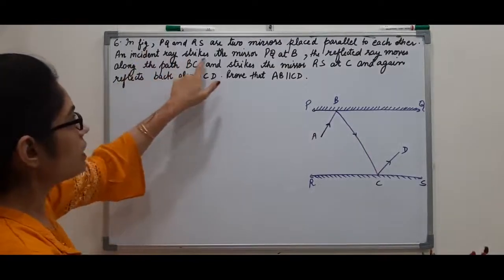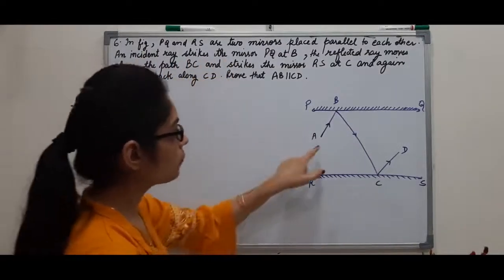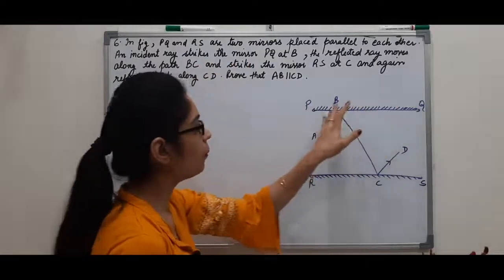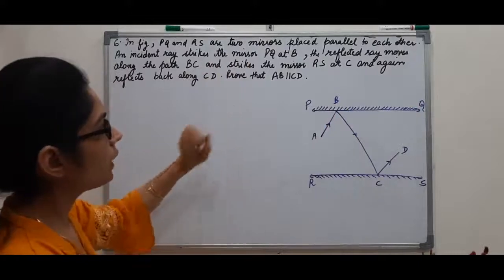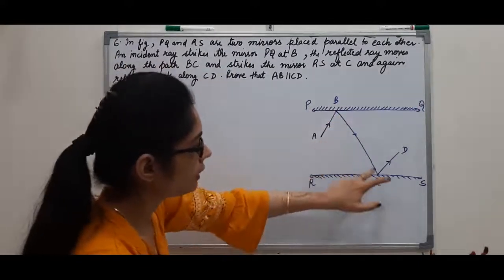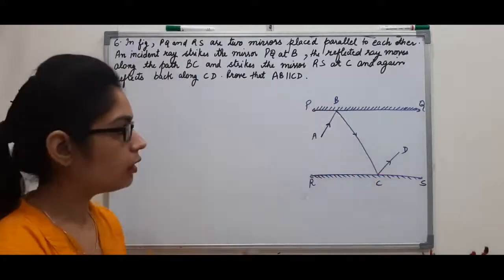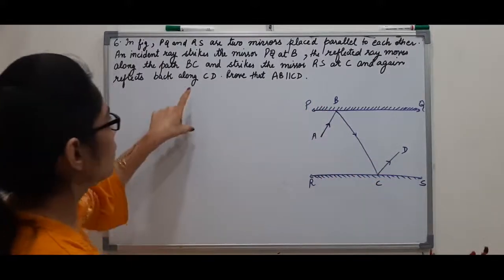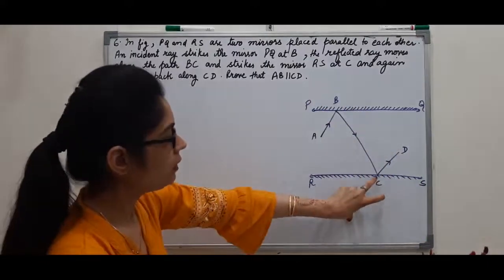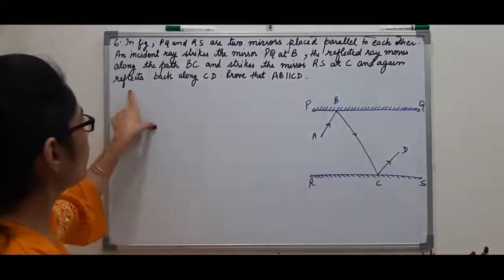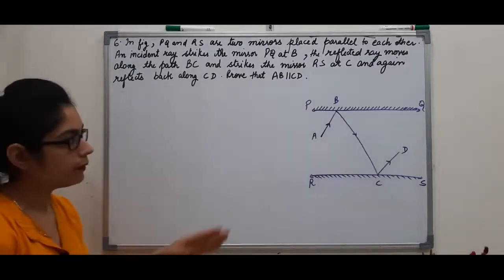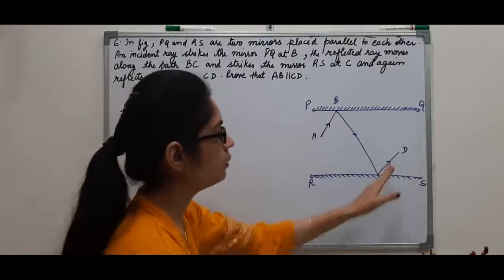An incident ray strikes the mirror PQ at point B, and then the reflected ray moves along the path BC. Then again it strikes this mirror RS at point C, and then again it reflects back along this path CD. So we have to prove that AB is parallel to CD.